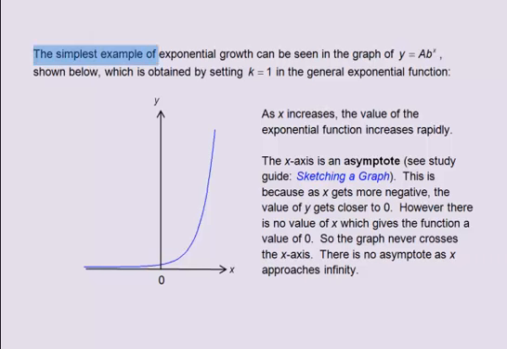The simplest example of exponential growth can be seen in the graph of y equals a multiplied by b to the power x, shown below, which is obtained by setting k equals 1 in the general exponential function. As x increases, the value of the exponential function increases rapidly.